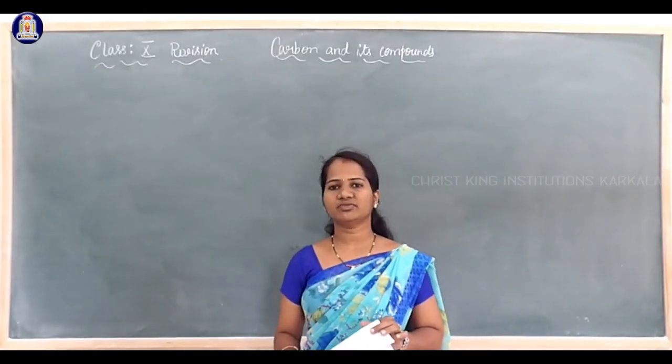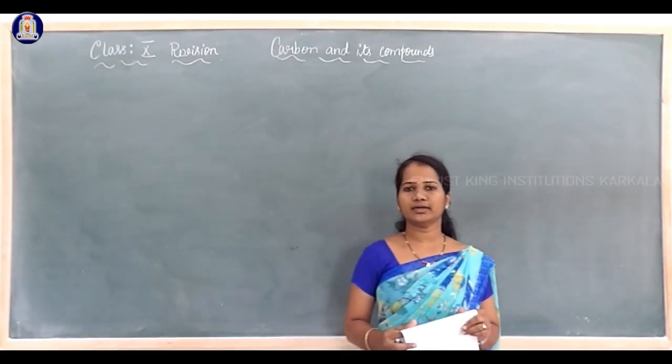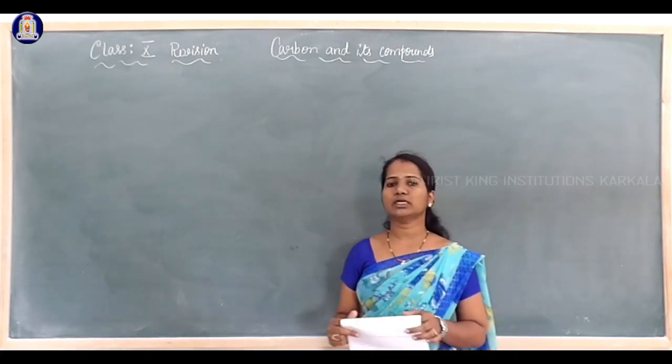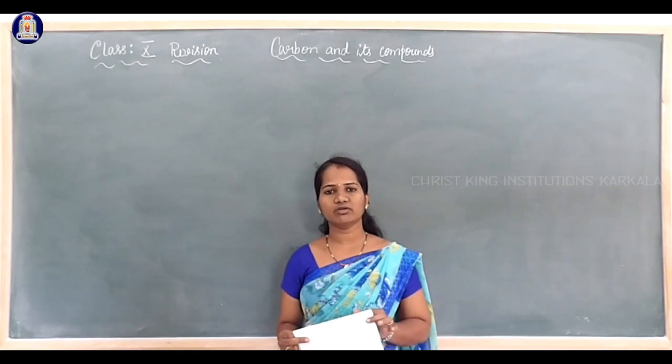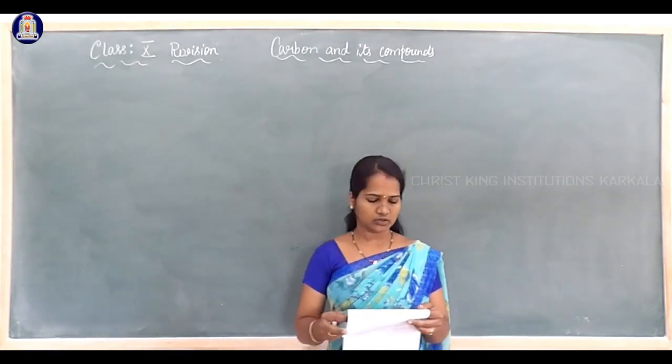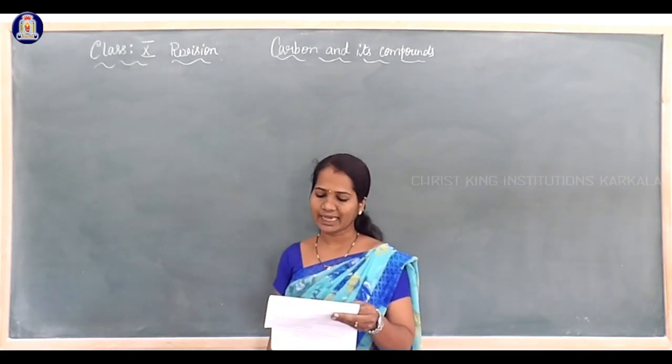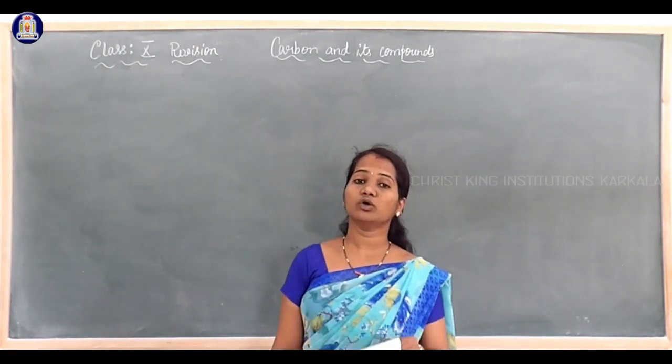Students will solve some questions related to carbon and its compounds, that is, questions related to functional groups as well as structural and molecular formulas of hydrocarbons. One question is like this: write the molecular formula of the following and show that they form a homologous series.